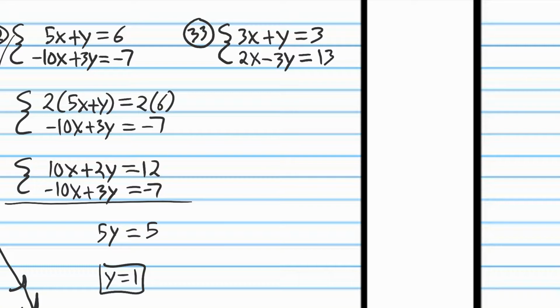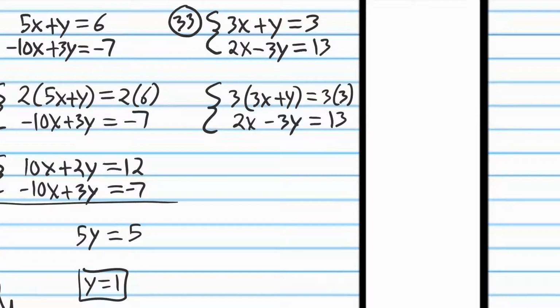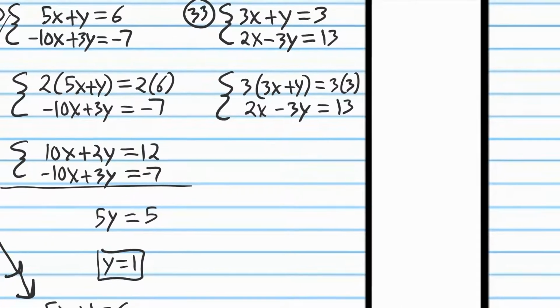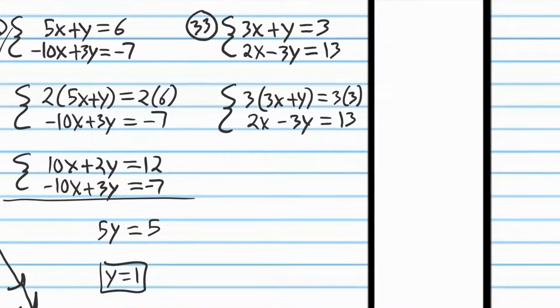All right, we're back. So we're going to rewrite the system, but I'm going to multiply the top equation by 3. And just rewrite the bottom equation. Again, in this context, when you're eliminating, the equations have to go together. You can't tear them apart, break them apart.